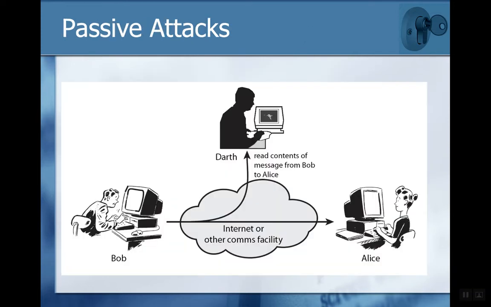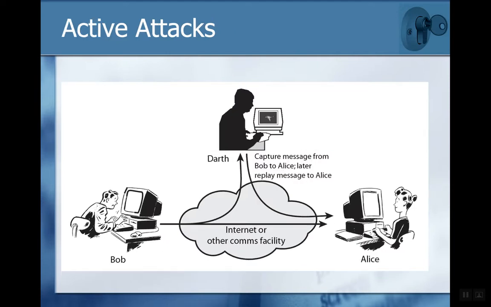So it's just kind of a diagram. Passive attack, the idea of Bob talking to Alice, but Darth is reading the contents of all of the traffic going between the two, and Bob and Alice are none the wiser.